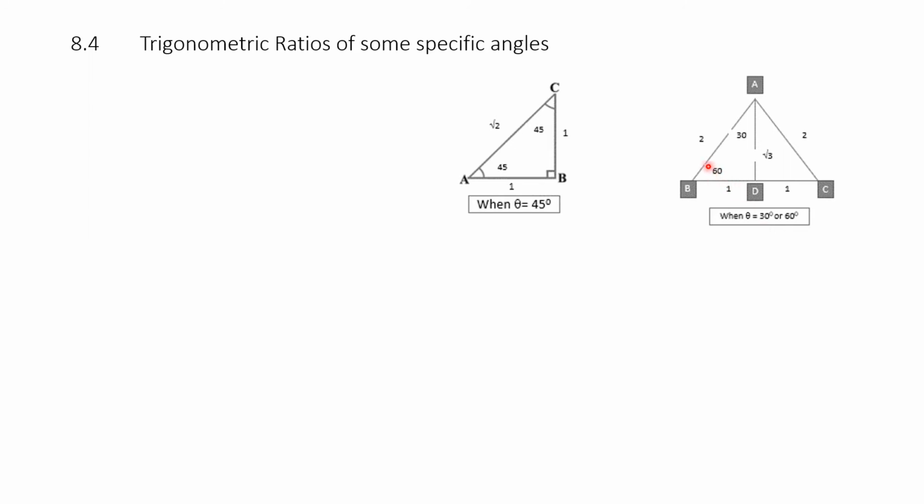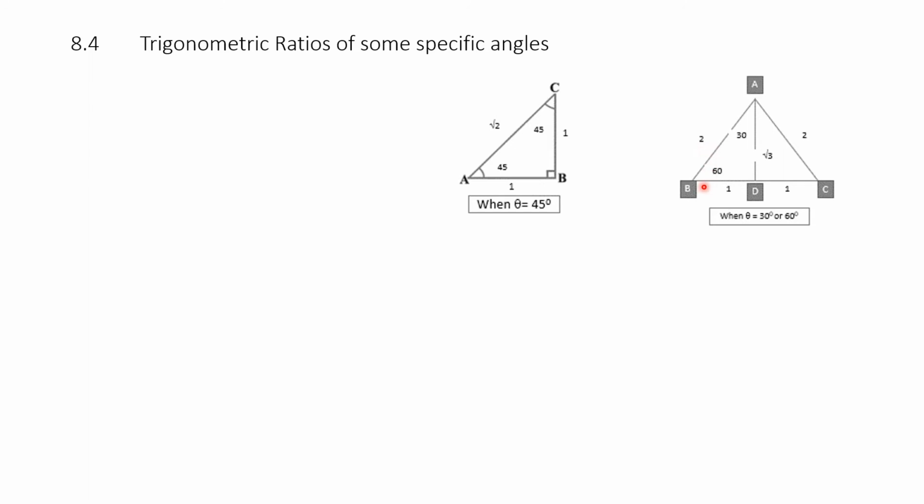So, sin 60, that is sin of angle B here, is opposite side by hypotenuse, that is root 3 by 2. Cos 60 is adjacent side by hypotenuse. Here the adjacent side is BD, so BD by AB. BD is 1, AB is 2.